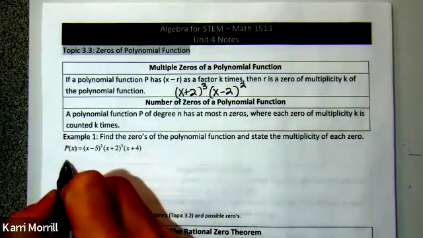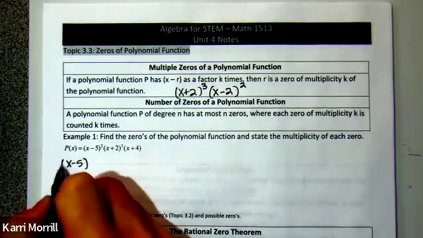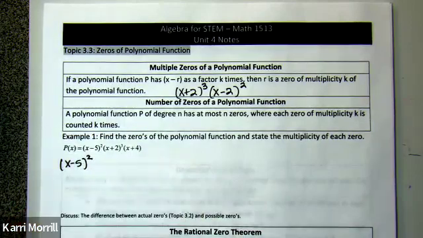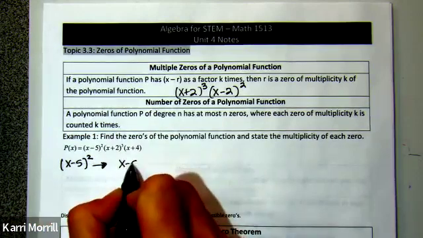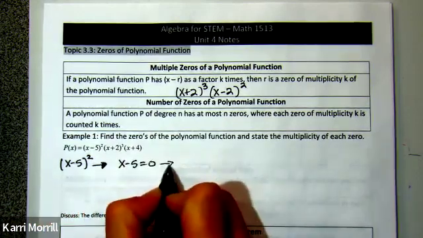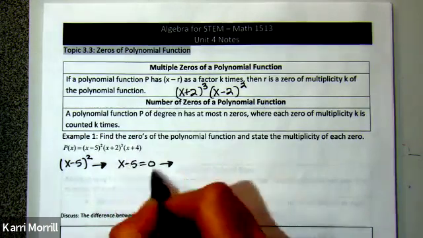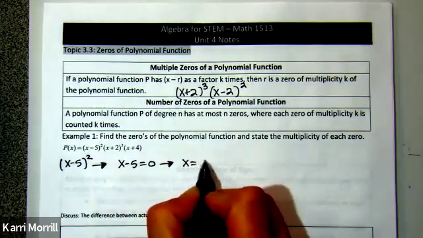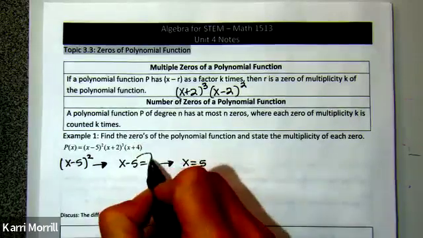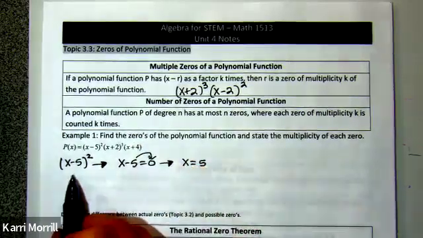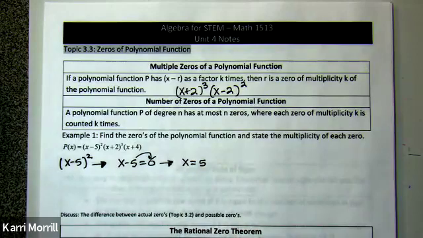we're going to say the x minus 5 factor that was squared, the zero for it, you just take x minus 5, set it equal to 0, and we know that to zero that out, x would have to be a positive 5, right? Because you would add 5 over to zero that out. So the zero of that factor is 5.